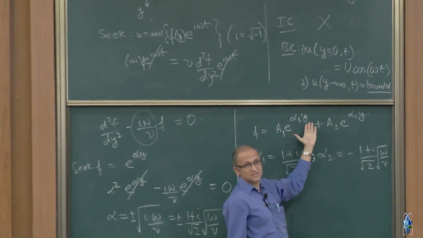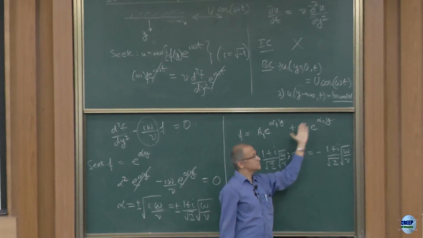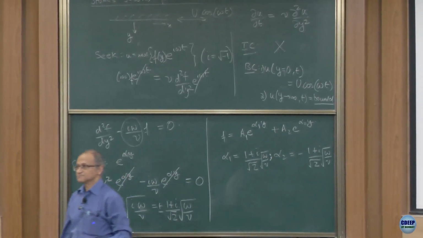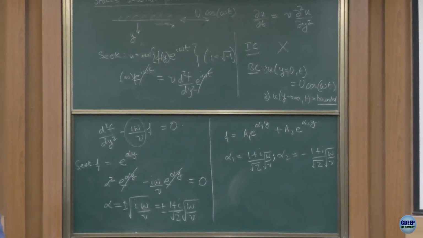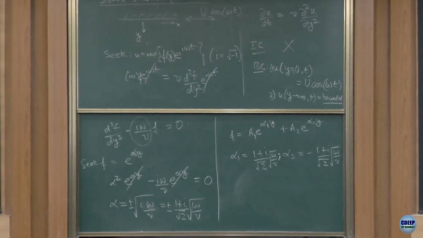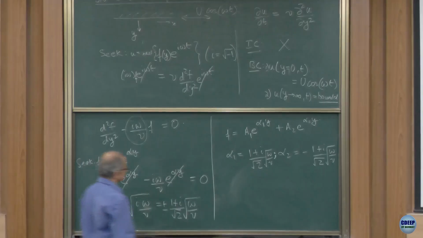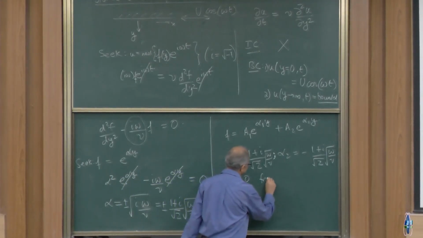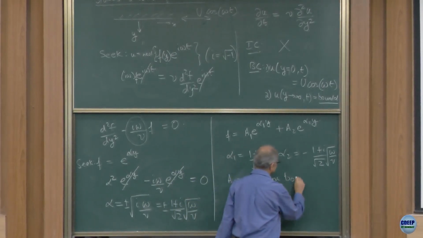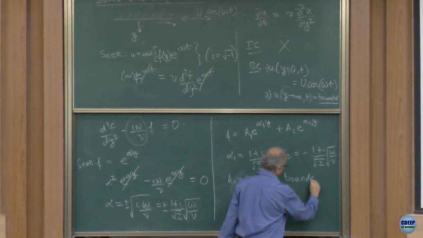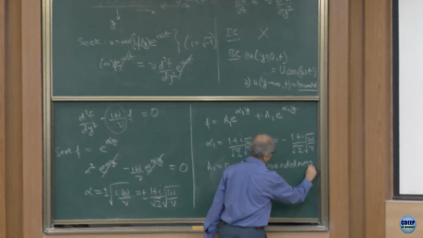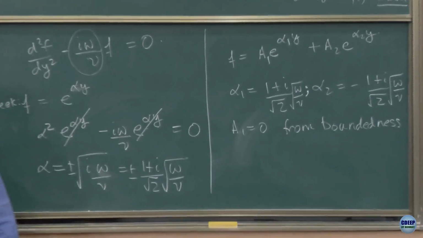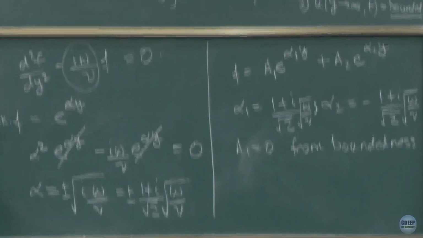So as y tends to infinity, this exponential term is going to grow unbounded, right? And which we cannot allow. So that means that we will have to set A1 equal to 0, from the boundedness of the solution. So A1 is gone, and I'm left with A2.